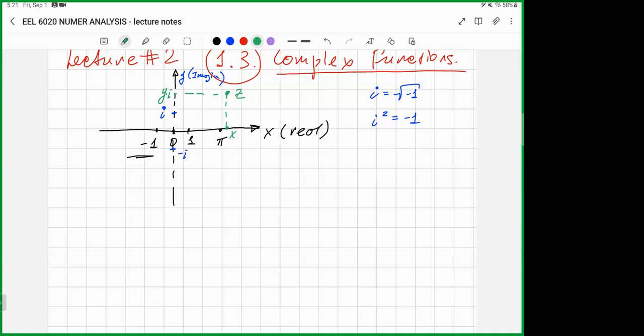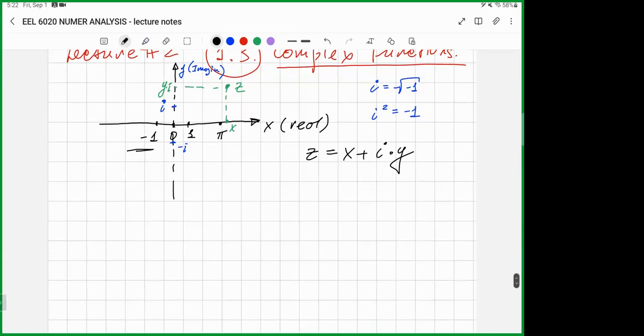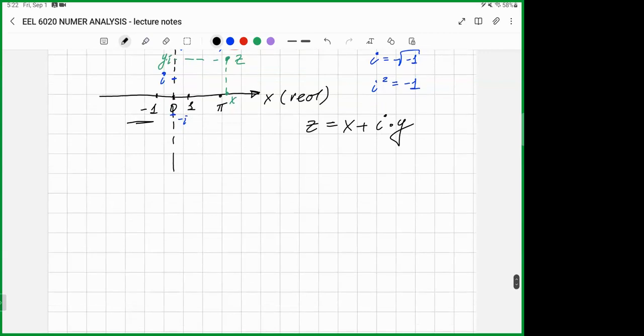Because 1 on this axis is I, so the length on the axis y is y times I, and as a result, this complex number z is given by x plus I times y. In what follows, I won't write the dot between I and y. So this is the xy representation of a complex number.